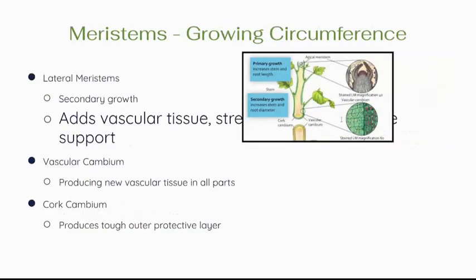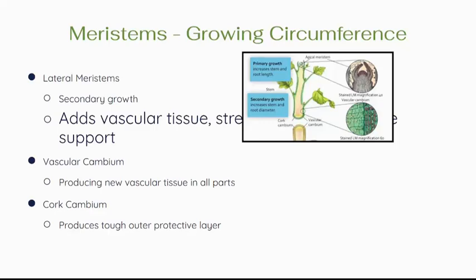Now, the other type of meristem is responsible for circumference growth, or secondary growth. This type of growth is facilitated by lateral meristems. Lateral meristems primarily include two parts: vascular cambium and cork cambium. Vascular cambium produces new vascular tissue, just like its name, throughout the plant.